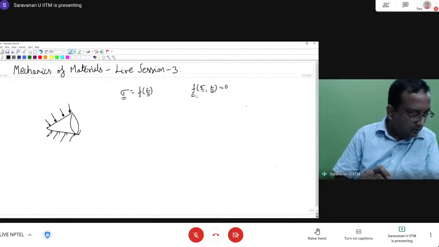Where can we get stress components as a function of x, y, and z to verify with equilibrium equations?